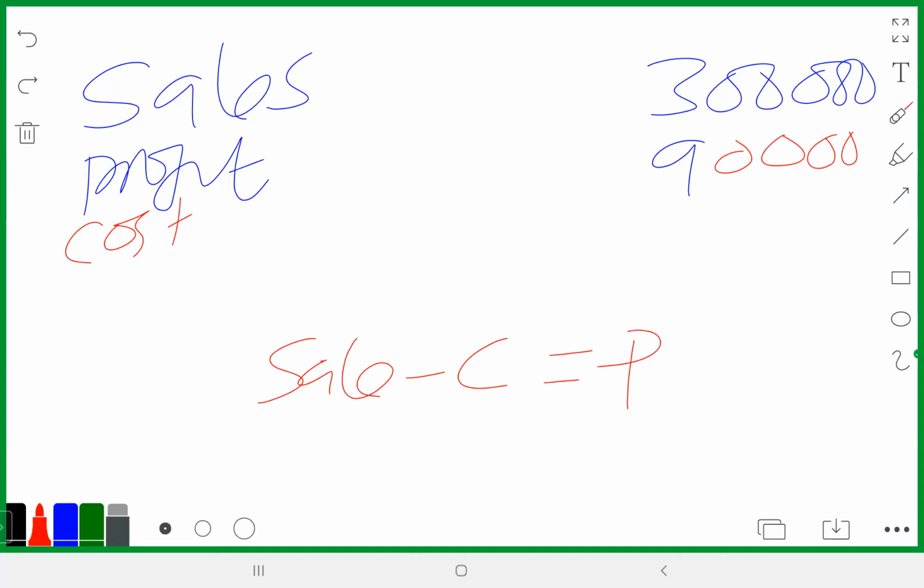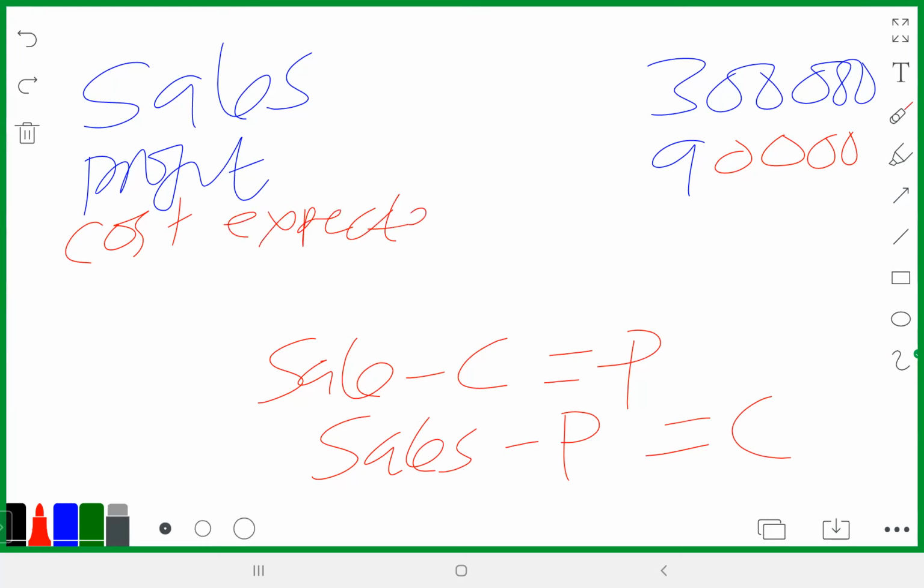So if we have the profit, we need the cost. So 300,000 minus 90,000. What is the expected cost? Just a minute, I'm finding out. 210,000. Right, 210,000 as the value of cost.